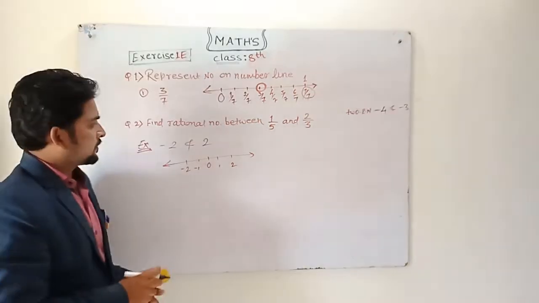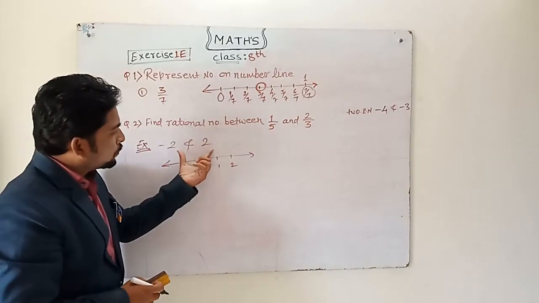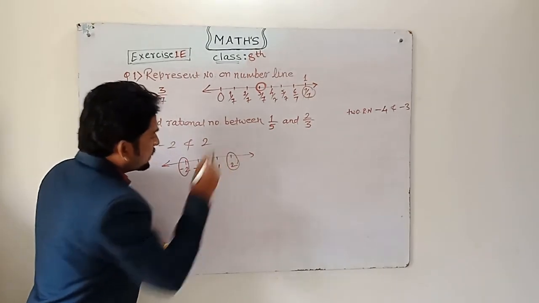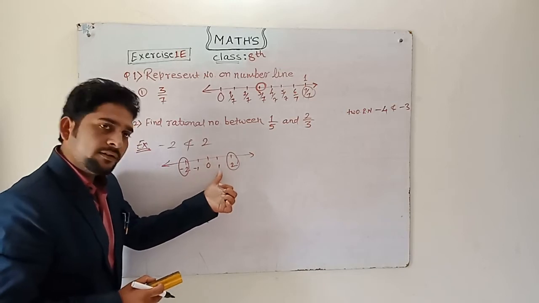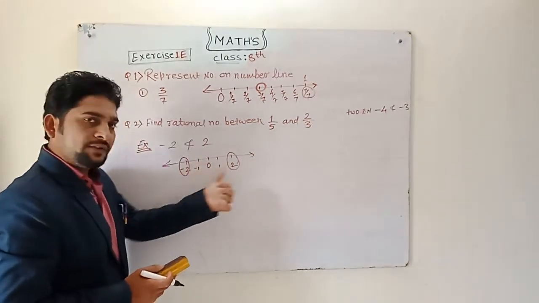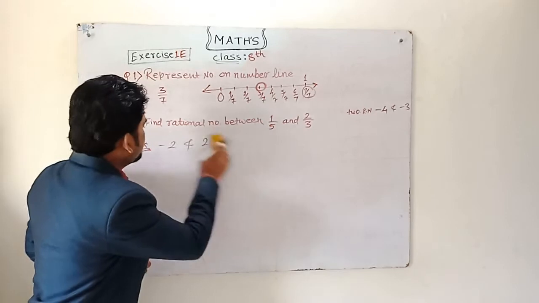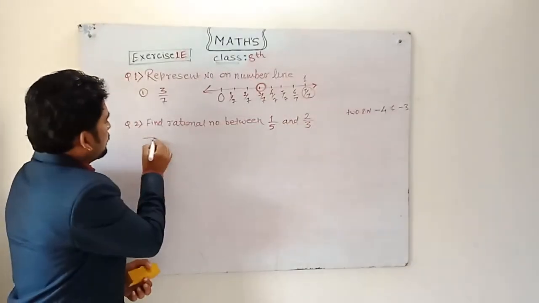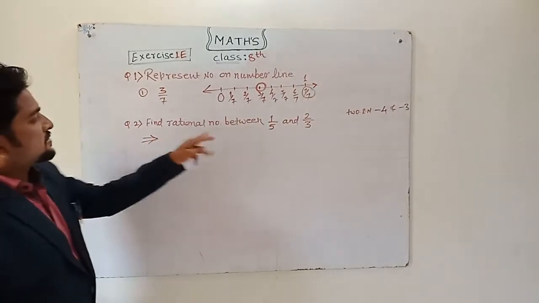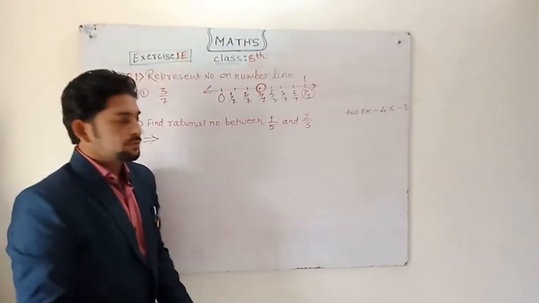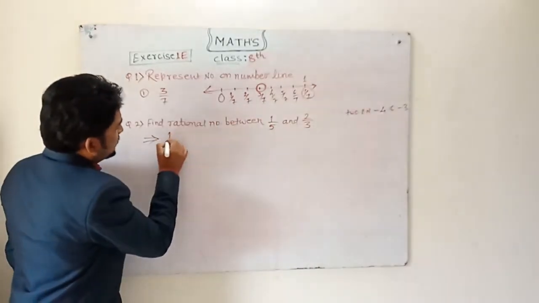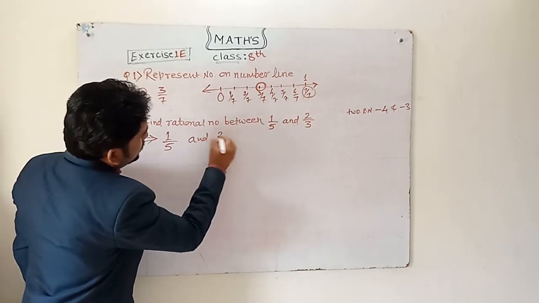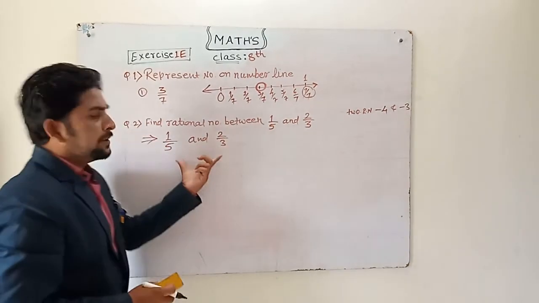We want -2 and 2. In between, -1, 0 and 1 will be there. This we can find, but if it comes in fractions, how do we find the rational numbers between these two terms? Here it is 1 by 5 and 2 by 3.